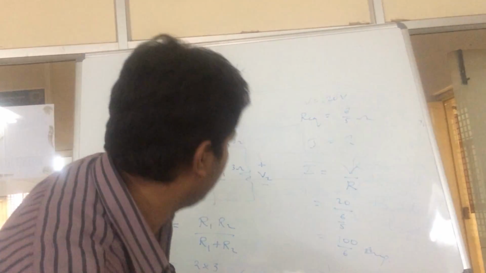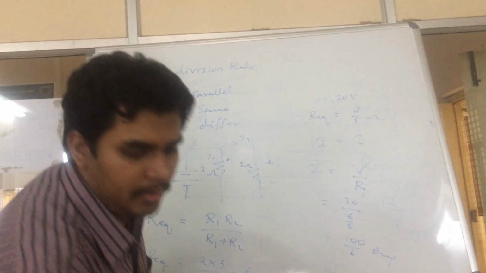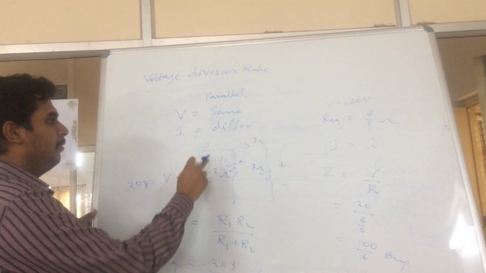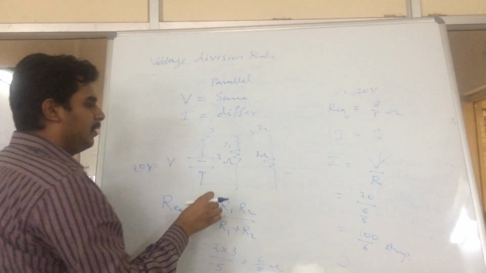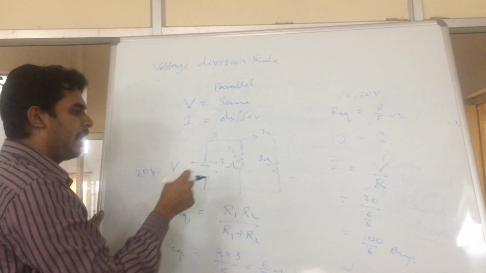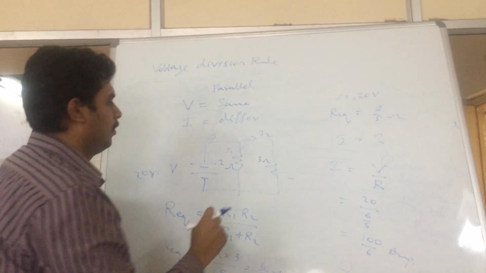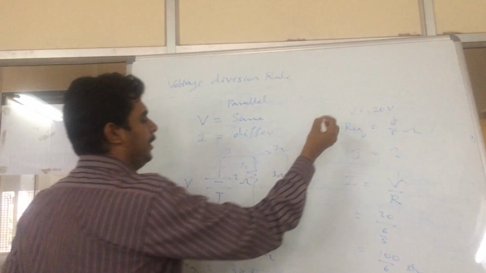As I said, in the case of a parallel system, voltages are the same. So the voltages will be the same here, but the currents will differ. So here we'll be calculating the currents, that is I1 and I2. We will not calculate the voltage, we will be calculating I1 and I2.